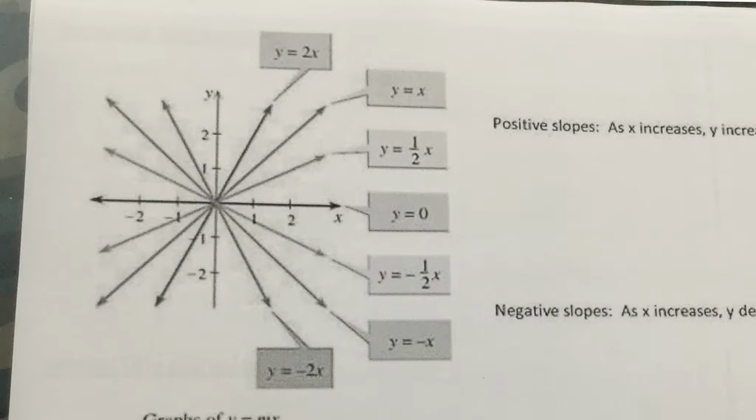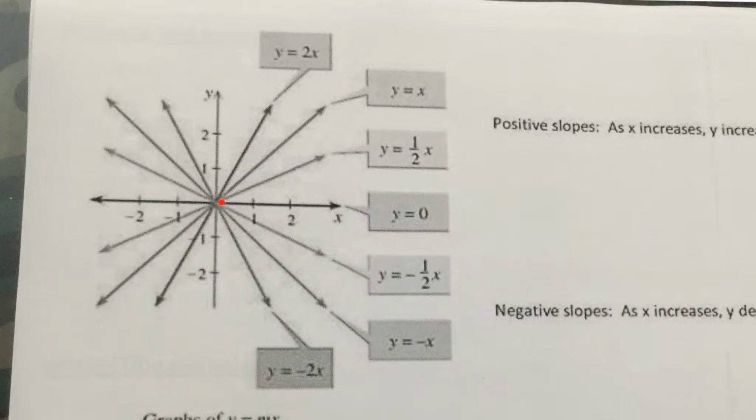Okay, so looking here, we have a bunch of lines that have a y-intercept of 0, and we're looking at the slopes of each of these lines. This line has a slope of 2, so you see how steep it is. This line is in the same direction, but it's not as steep, so it has a slope of 1.